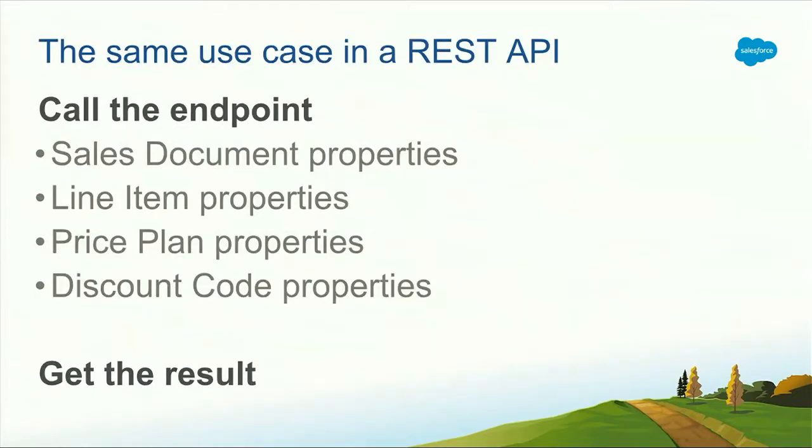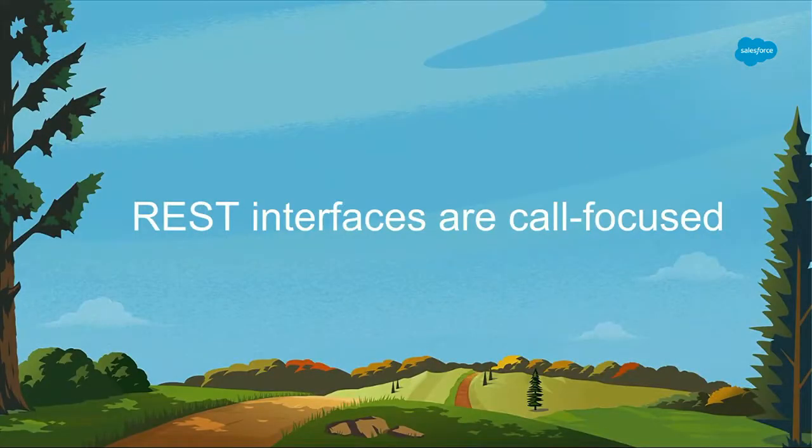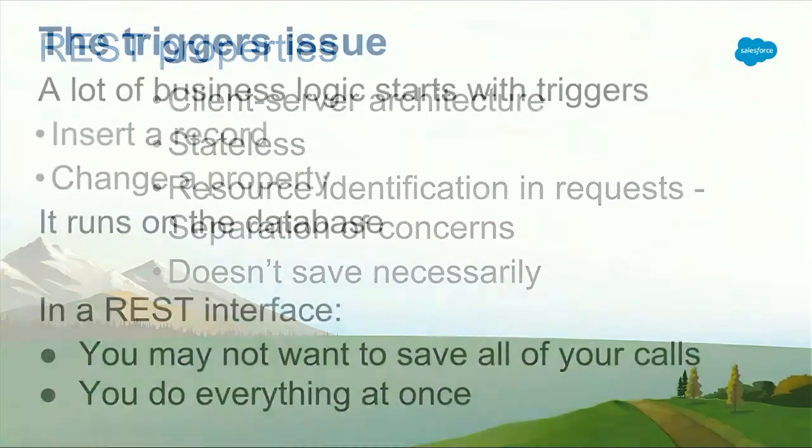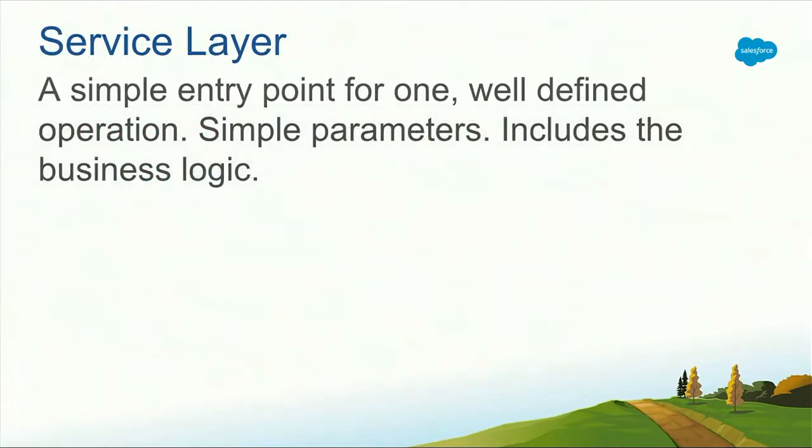The solution to this is that we need to decouple our triggers and our database, our triggers and our business logic. So what we did is we created a so-called service layer.